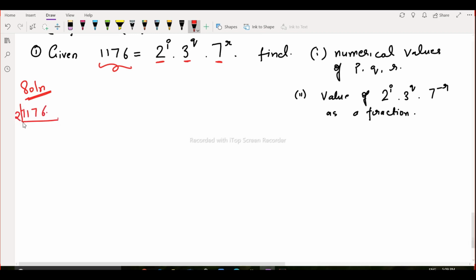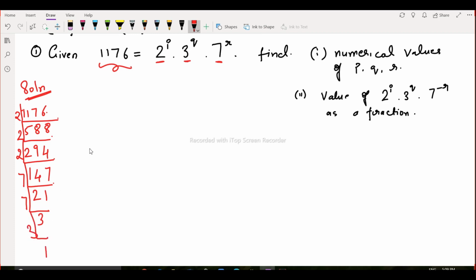So we'll get 2 2s are 4, 2 9s are 18, 2 4s are 8, then 2 1s are 2, 4s are 2, 7s are 7, then 7 2s are 14, 7 1s are 7, 3 1s are 3.